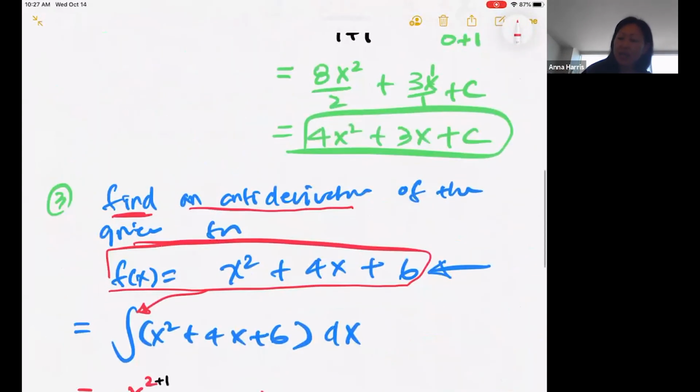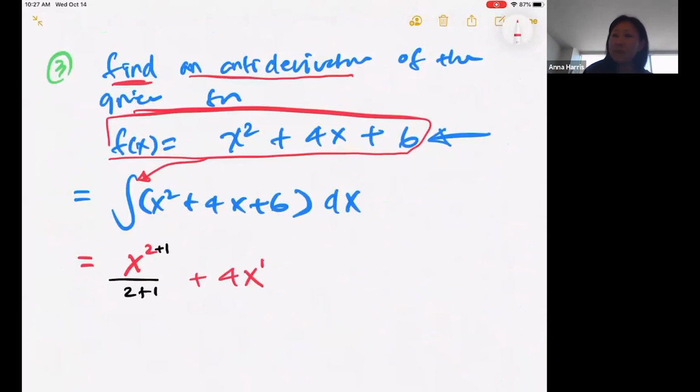Now I'm just giving you this, so you can think of it like f prime. They gave you the prime already, but now you have to find f without the prime.